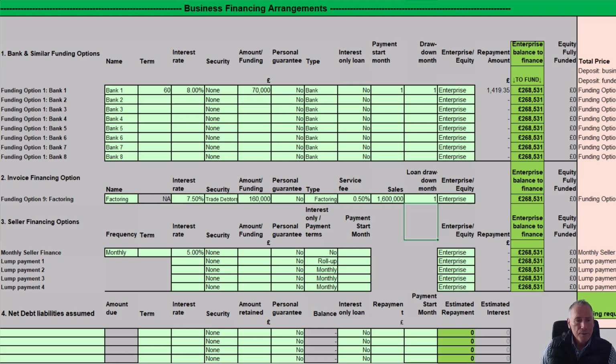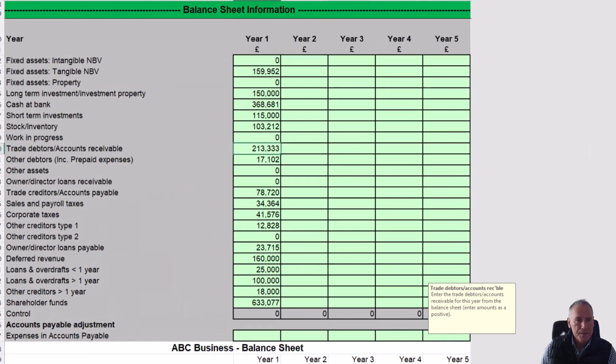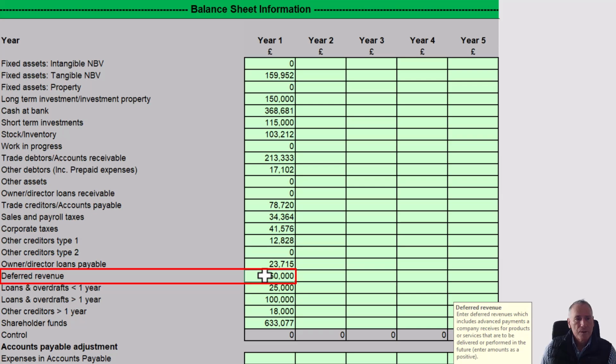However, what we do have as part of this business is some deferred revenue. Now, again, this is one of those items that is negotiable. Your stance on the negotiation with deferred revenue would be that the whole of the amount, in this case £160,000, is a liability, whereas the seller will want that to be part of working capital.